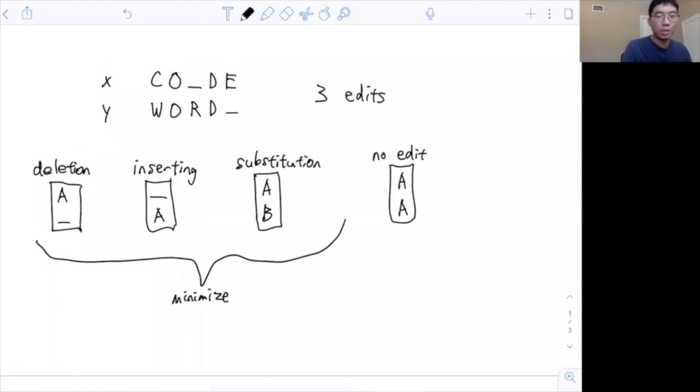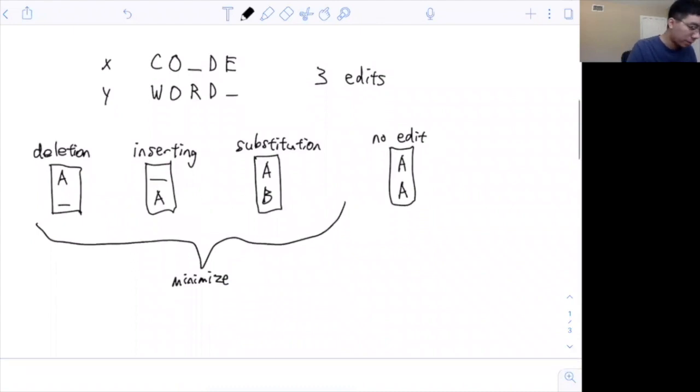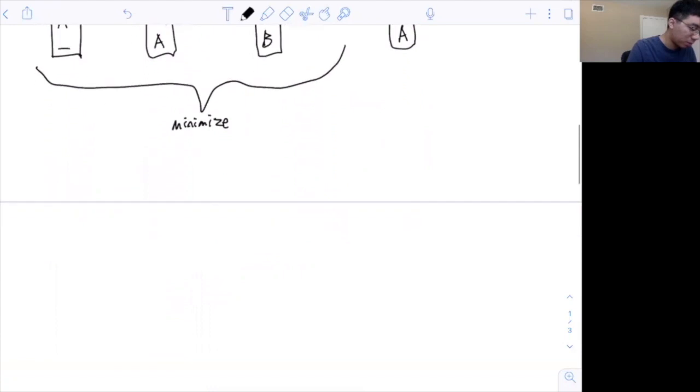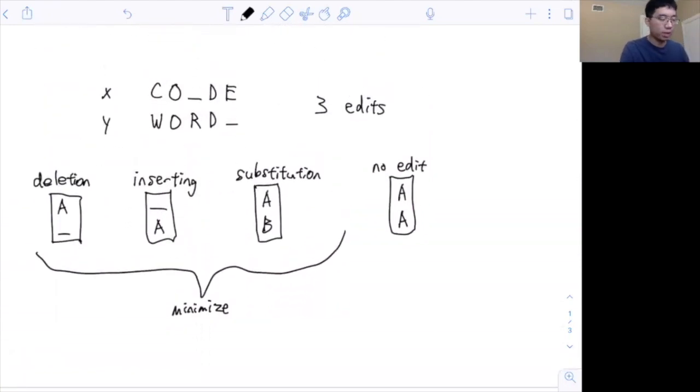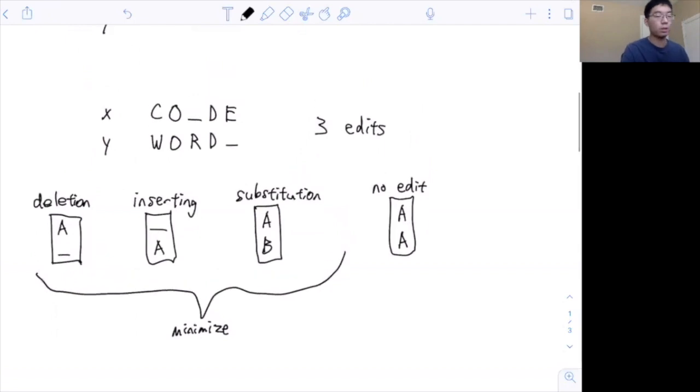So this is a problem that we can solve using dynamic programming. Now, remember, in dynamic programming, we always want to look for what kind of subproblem we can break this down into. Remember, the point of dynamic programming is to break down a problem into subproblems such that we can build up a solution to the bigger problem from the solutions of the smaller subproblems.